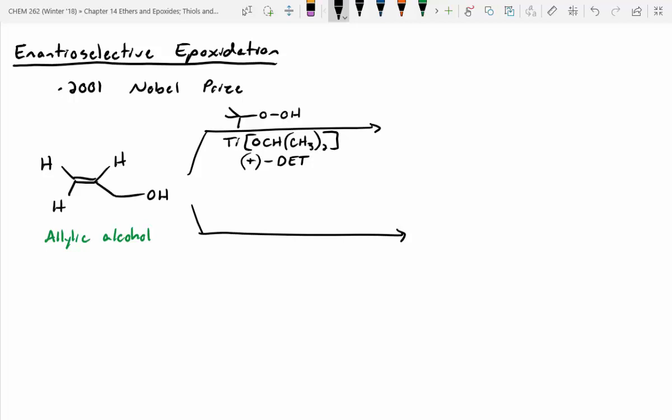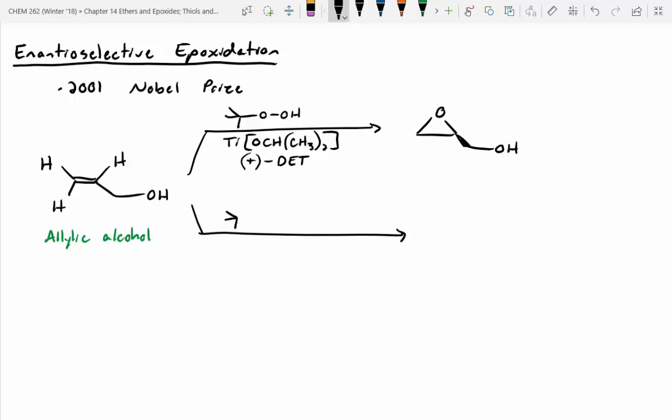So you can actually order a pure enantiomer of it. And by doing that, it basically transfers its own chirality to the epoxide. And what he found was when you do this, you can make an epoxide that is dang near enantiomerically pure, where it only installs on that top face, for example.